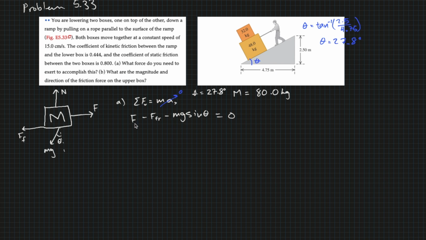So now we can start defining a little bit more of what this force of friction is. Okay. So next thing we want to do is write this out a bit more.